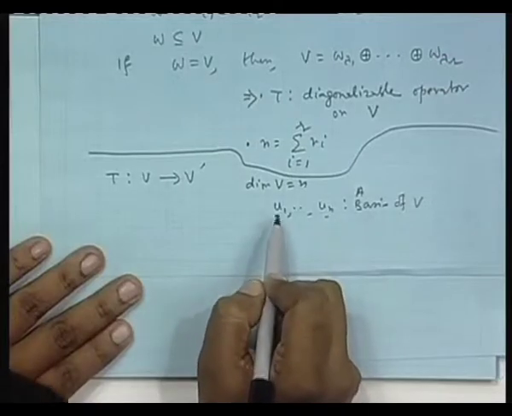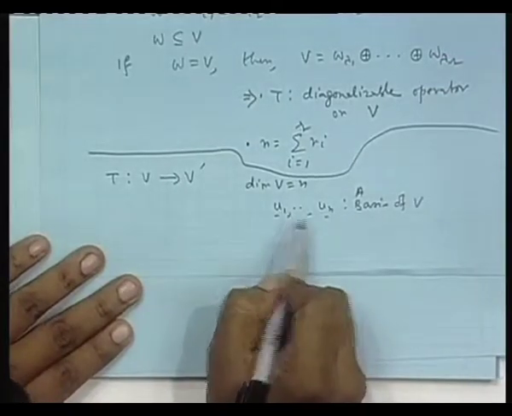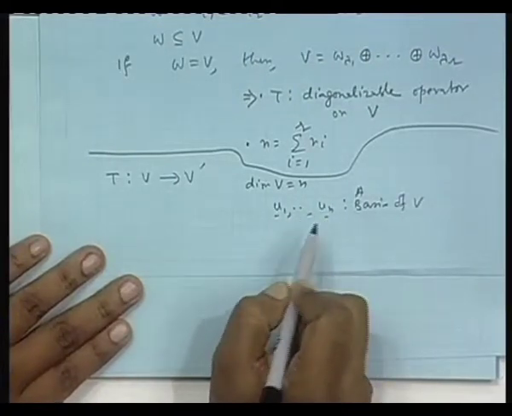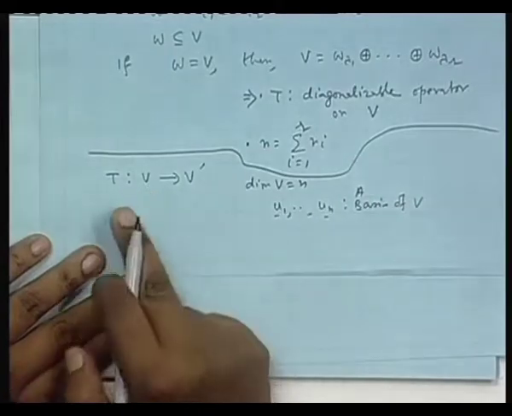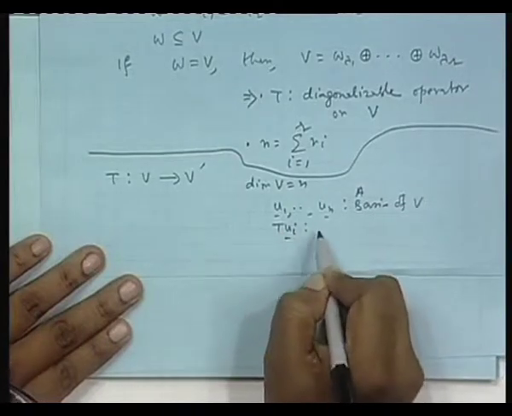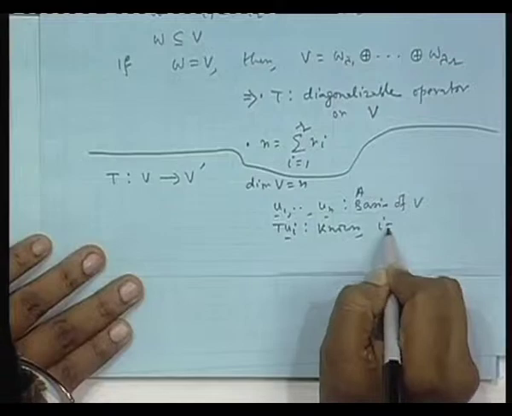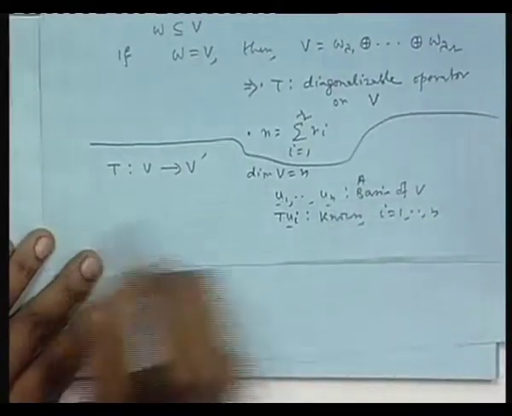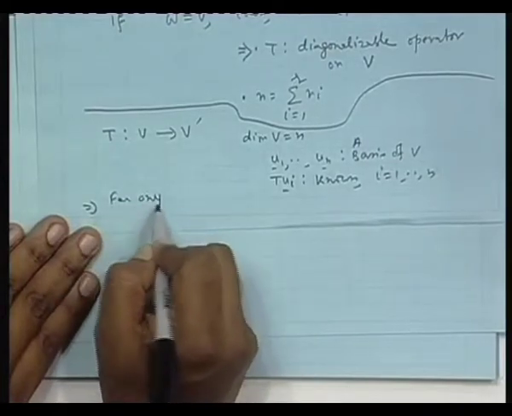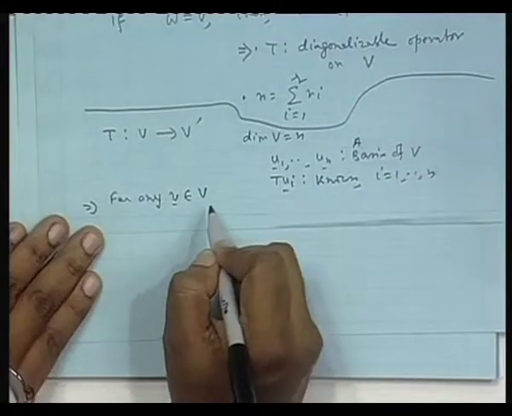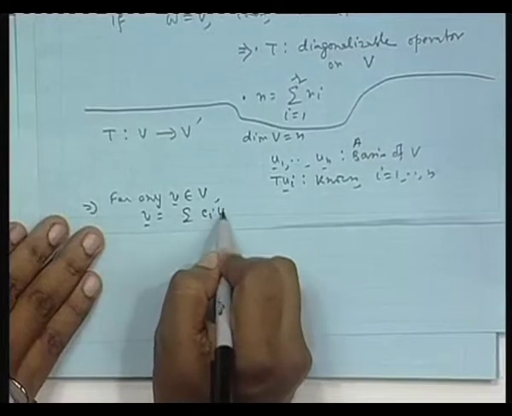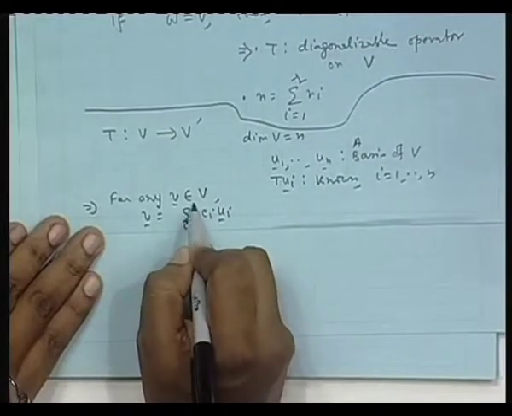That is, if I know what T u1 is, if I know what T u2 is, dot dot dot, if I know what T un is. Mind you, T u1, T u2, dot dot dot, T un all belong to V prime, because that is where the vectors from V are mapped to. If these are known, that is, if T ui is known for i equal to 1 to n, then for any v, an element of V, we can write v as some linear combination of these basis vectors, i equal to 1 to n.